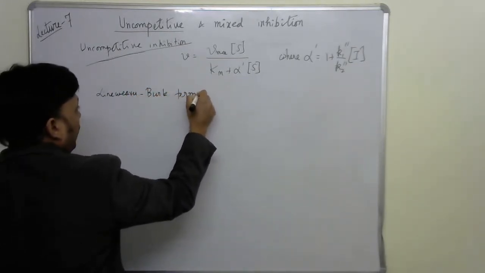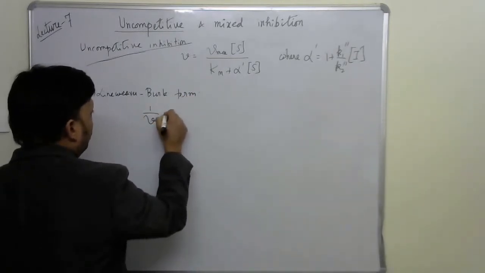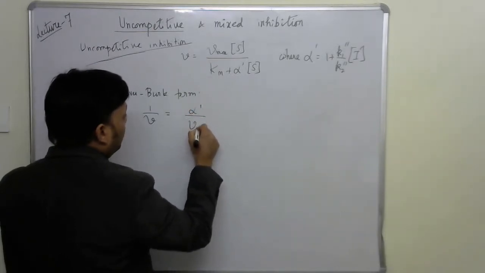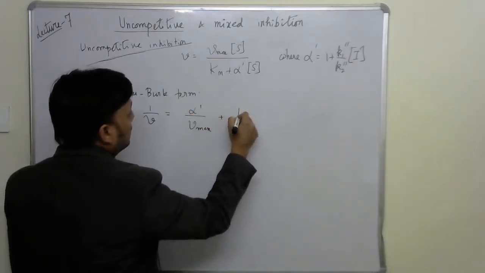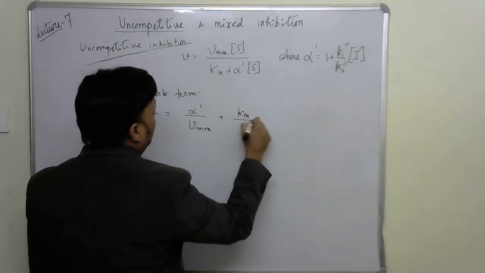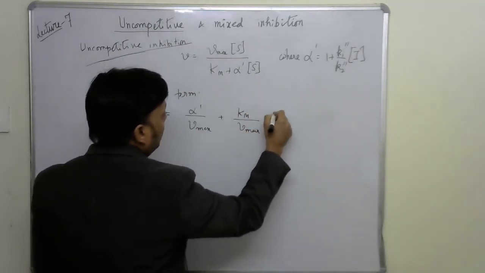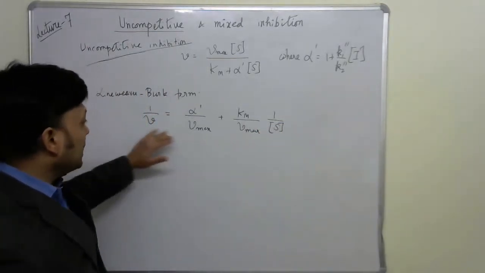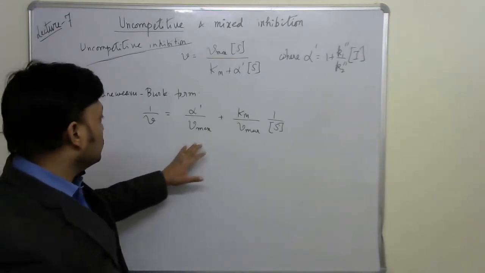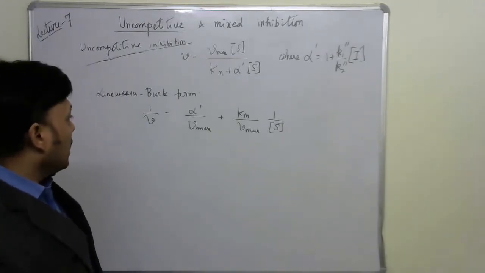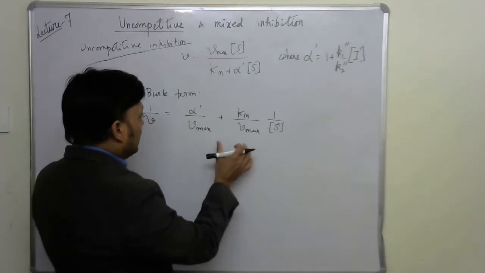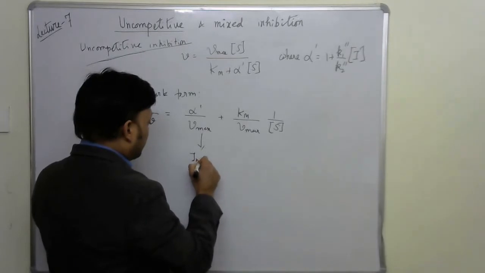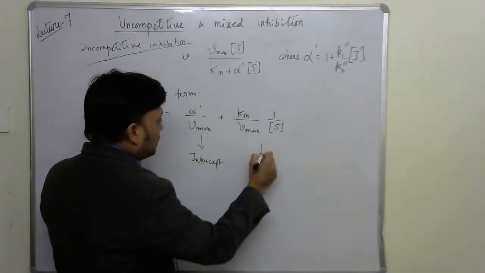If we convert that, we get 1 over V is equal to alpha prime divided by Vmax plus Km divided by Vmax multiplied by 1 over S. Once again, you see this is an equation for a straight line, y is equal to C plus Mx. So here we see that this is the intercept, and this is the slope.